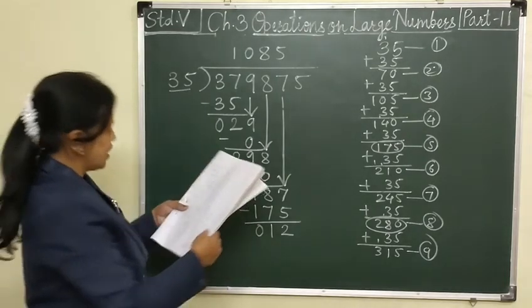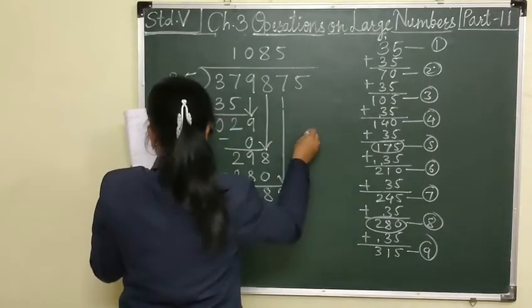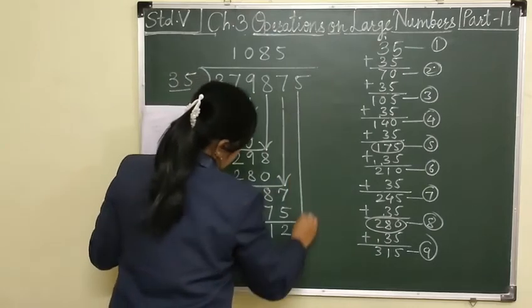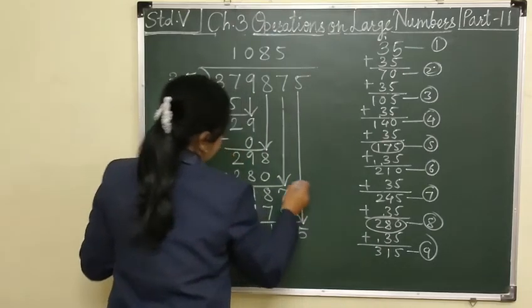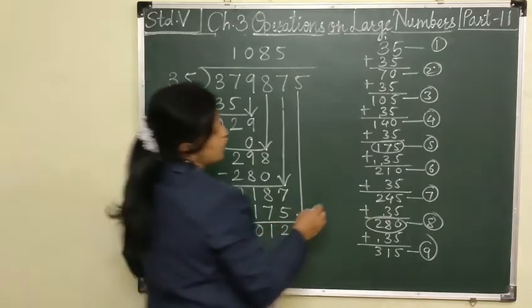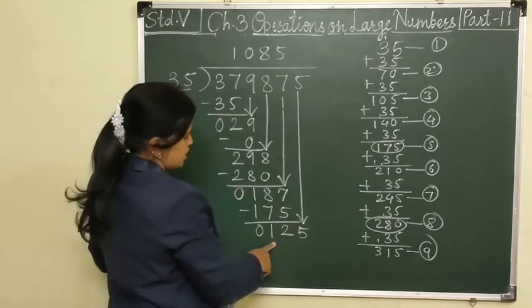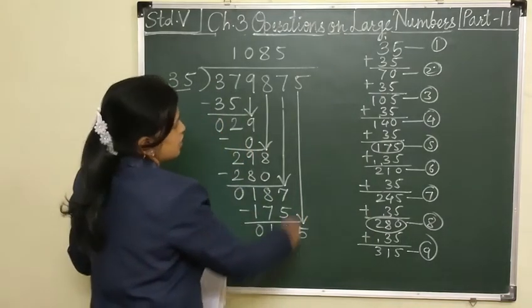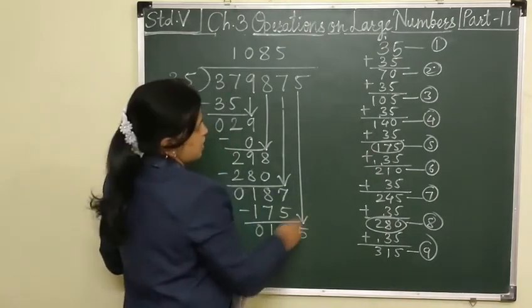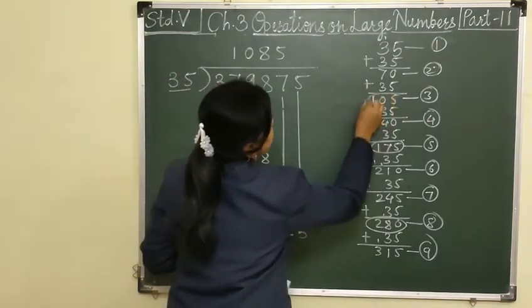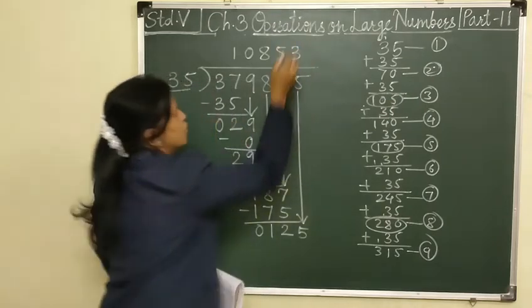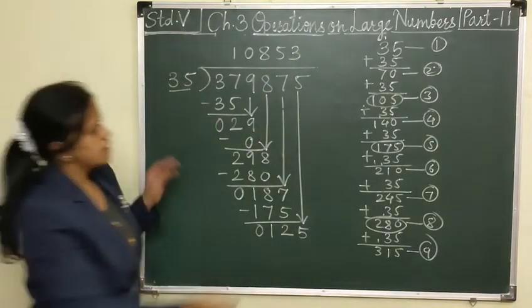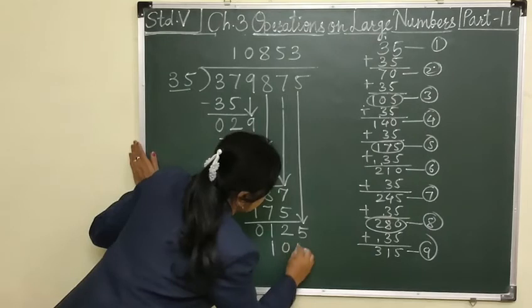Now I am going to take the next digit down, that is 5. Can we subtract 175? Means 140 cannot be subtracted, so smaller than that, 105. So put the quotient 3 and subtract this 105 here.